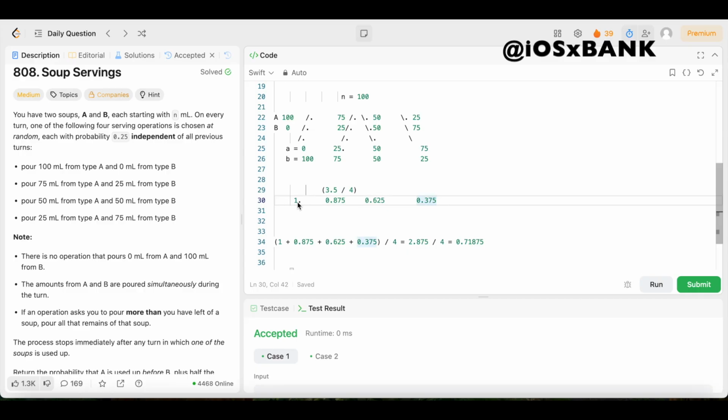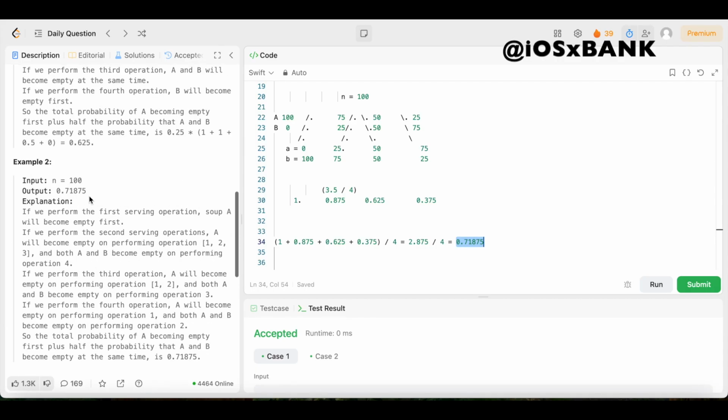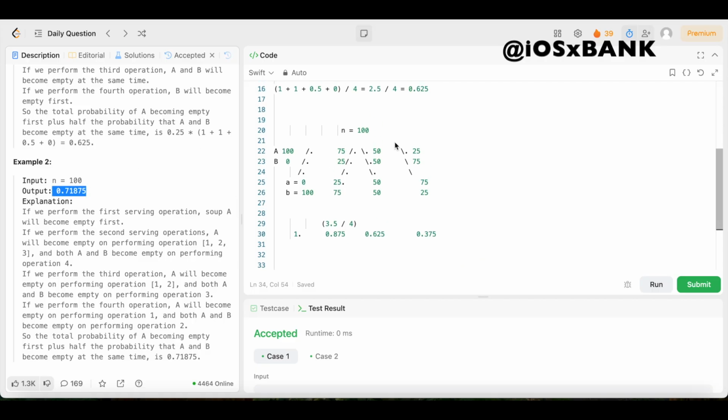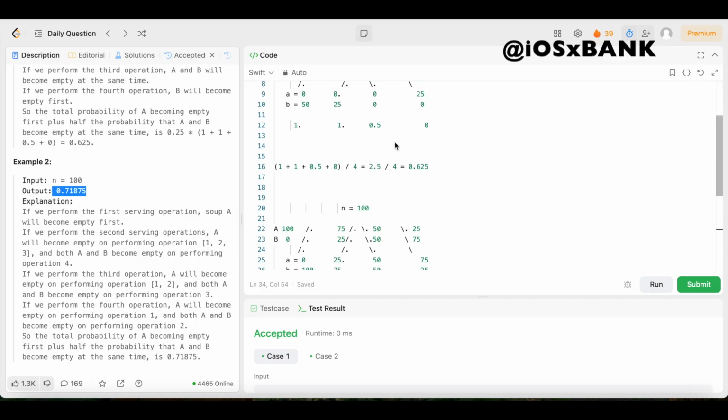Then once we have all of these probabilities, we take all 4 of those probabilities, add them together, then divide them by 4. That's going to get us 2.875 divided by 4. And when we divide 2.875 by 4, that's going to get us 0.71875, which is our output, and that's how we got it. So I hope that made sense to y'all.